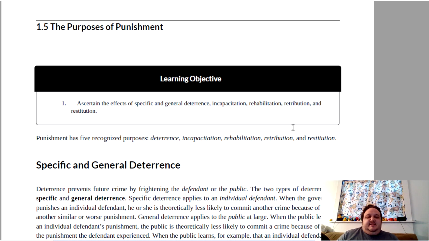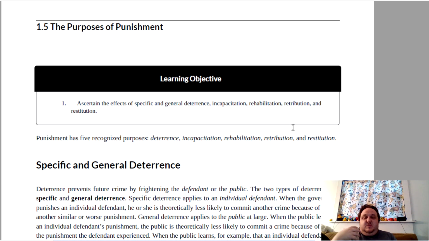What kind of things does an individual have to do? So why do we punish? And that opens up a very big potential discussion question. I personally would love to hear some of your thoughts on the theory of punishment and the types of punishment that we have. And we'll talk about the types here in just a moment.